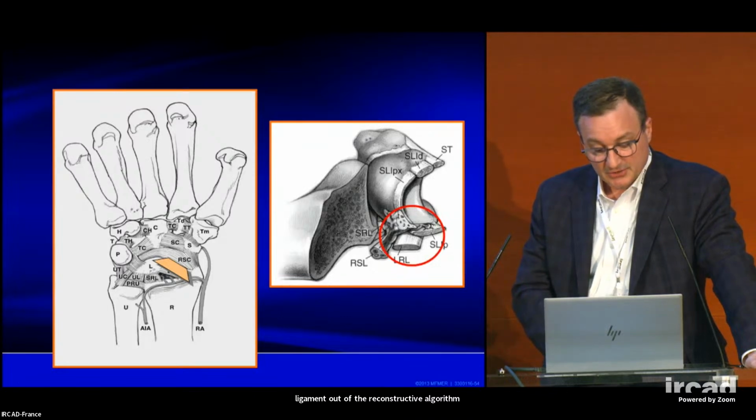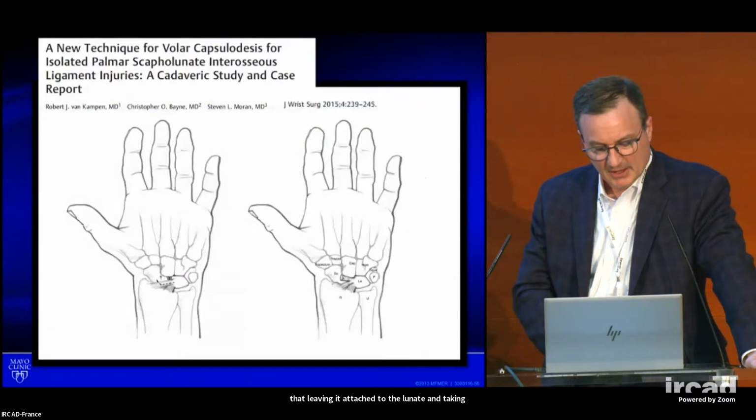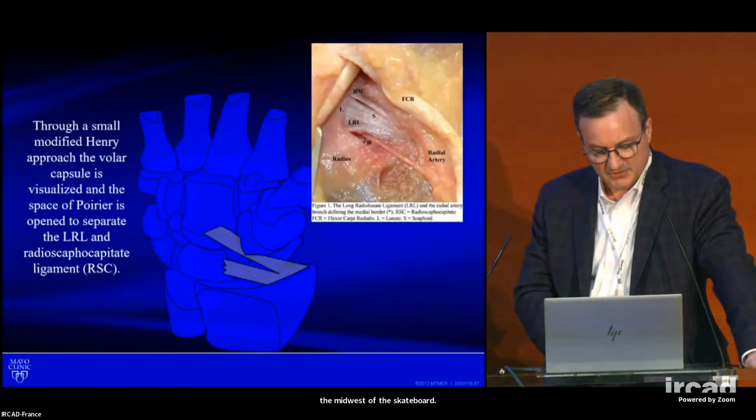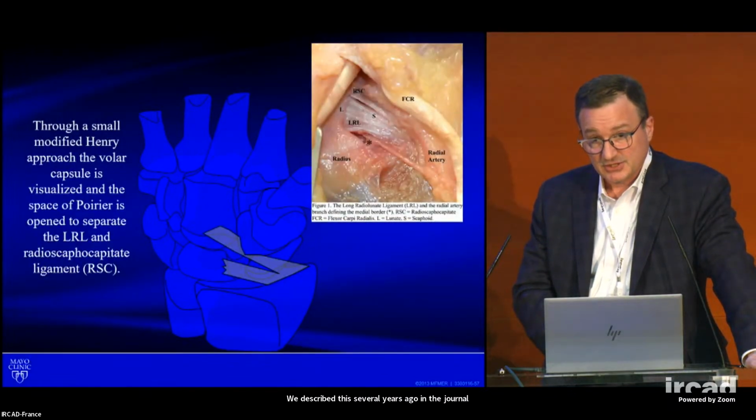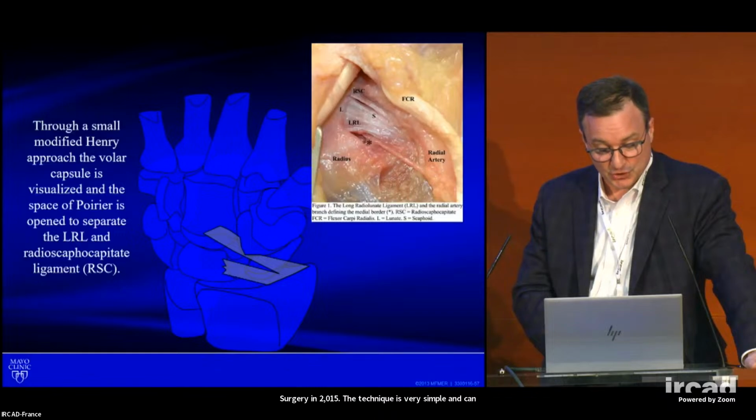We looked at ways of using a portion of the long radiolunate ligament as a capsular flap, leaving it attached to the lunate and taking it to the mid-waist of the scaphoid. We described this several years ago in the Journal of Wrist Surgery in 2015. The technique is very simple and can be done through a small incision, and certainly now that you have all shown me how easy it is to fix this arthroscopically, I would certainly recommend that.